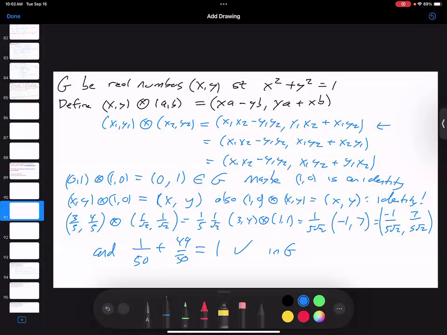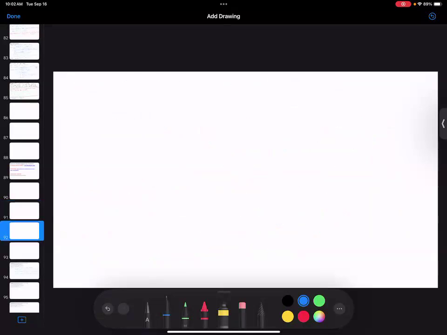Okay, we need to check and see it's closed for every G1 and G2, for every pair of elements. Does anybody know how to represent an arbitrary element on a circle? How could you write an arbitrary element on a circle?